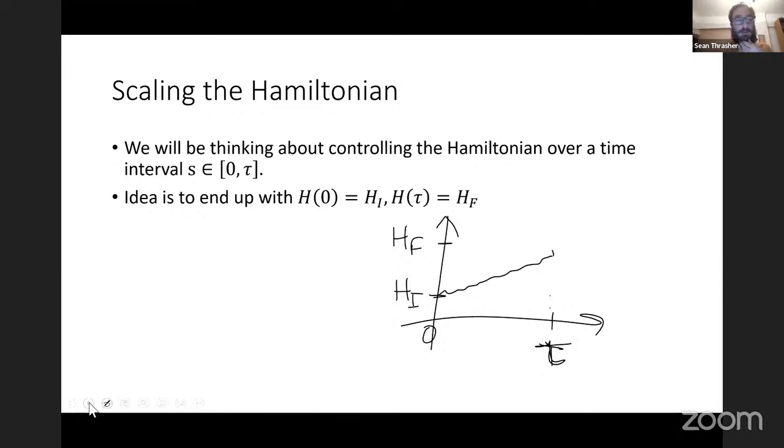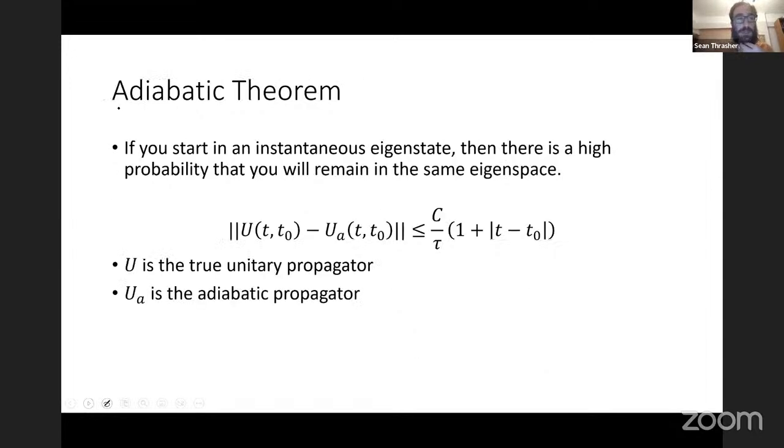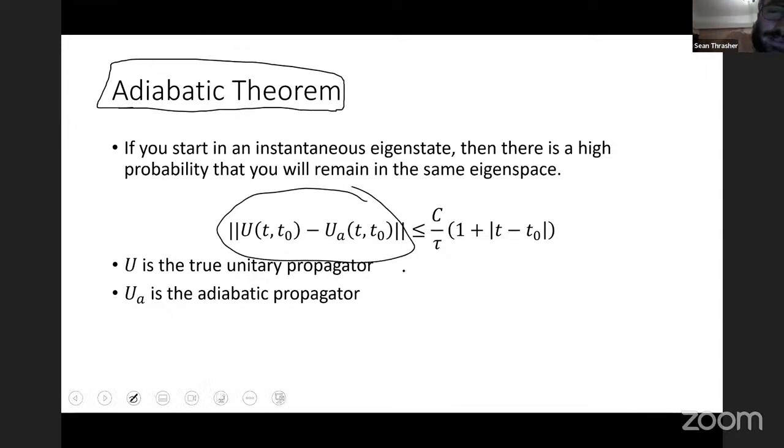Now, the adiabatic theorem stated more precisely says that this right here is the error in this adiabatic approximation, and it's bounded above by this.